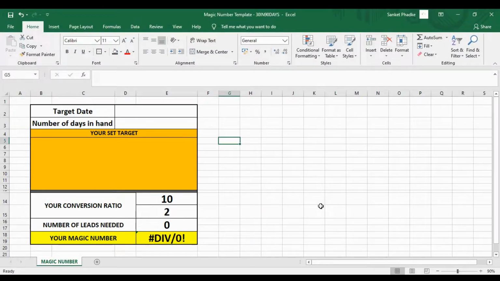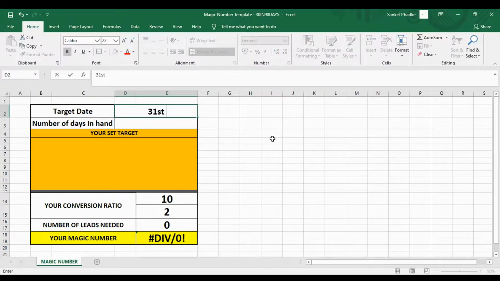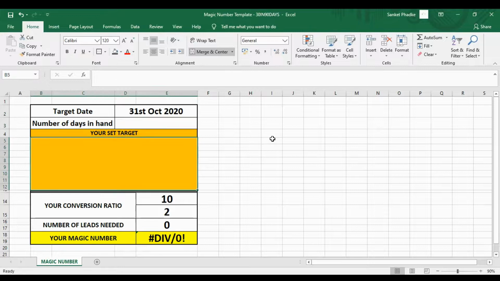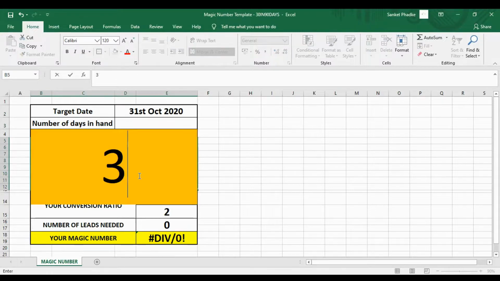Okay, so here's the magic number template that I have created for you. Let's start by first punching in the details like the target date. So let's assume that today you are in the month of August, and for the next 3 months, okay, so by end of October, that is 31st of October, you have taken up a target of 30 admissions.